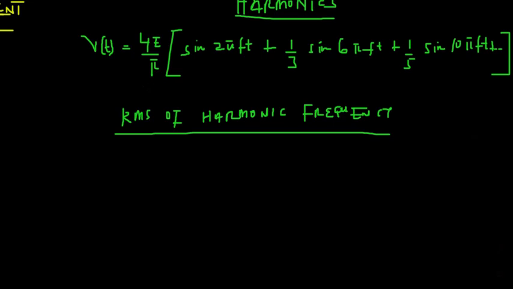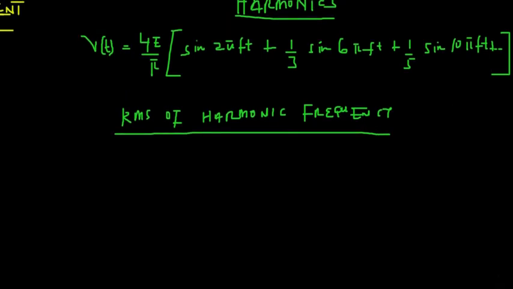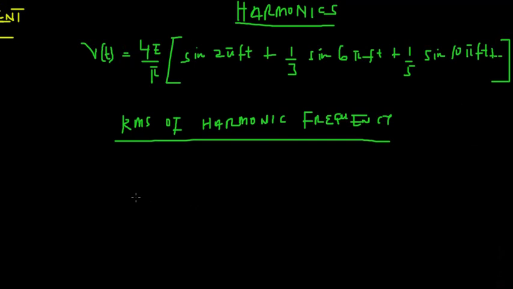From the initial stages you got to know that this is how we represent harmonics. Let's say you've been given a series of voltages. How do you find your root mean squared current or root mean squared voltage?